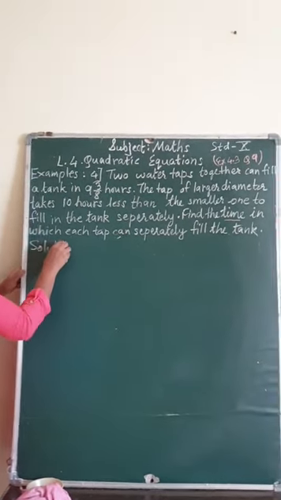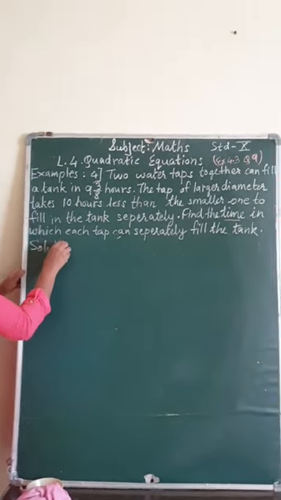Now, together in 1 hour, how much will they fill? 1/x plus 1/(x minus 10). Right? So in 1 hour, the portion of the tank filled together is 1/x plus 1/(x minus 10).